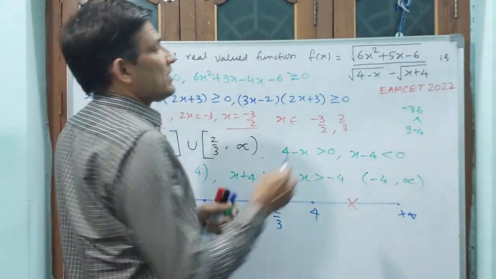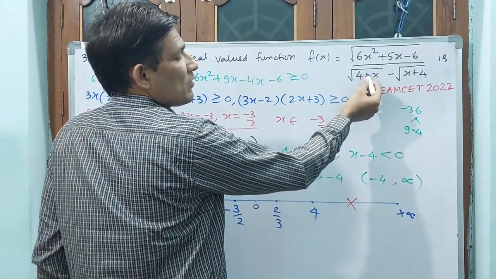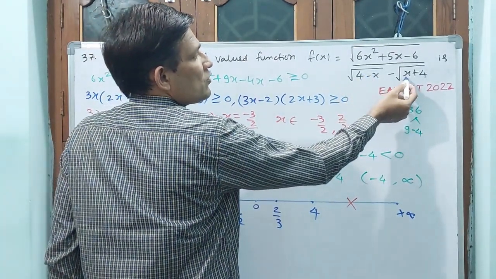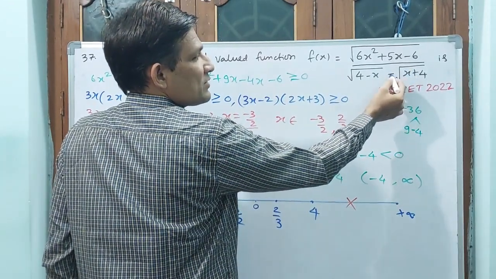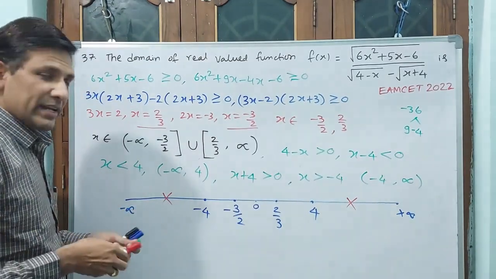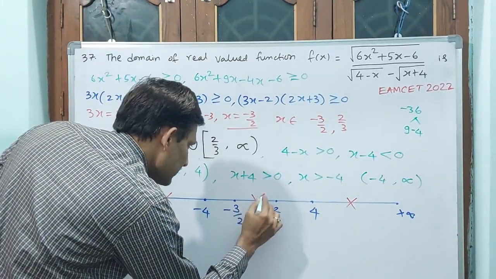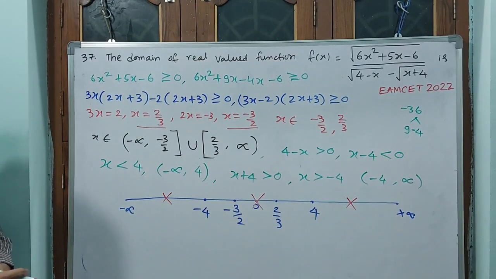Why? Because if you give 0 here, 4 minus 0 is 4, root 4 means 2, 0 plus 4 is 4, root 4 is 2, and 2 minus 2 is 0. The denominator should not become 0. That means you have to cross mark in between also. You understand now? Like this you have to eliminate it.